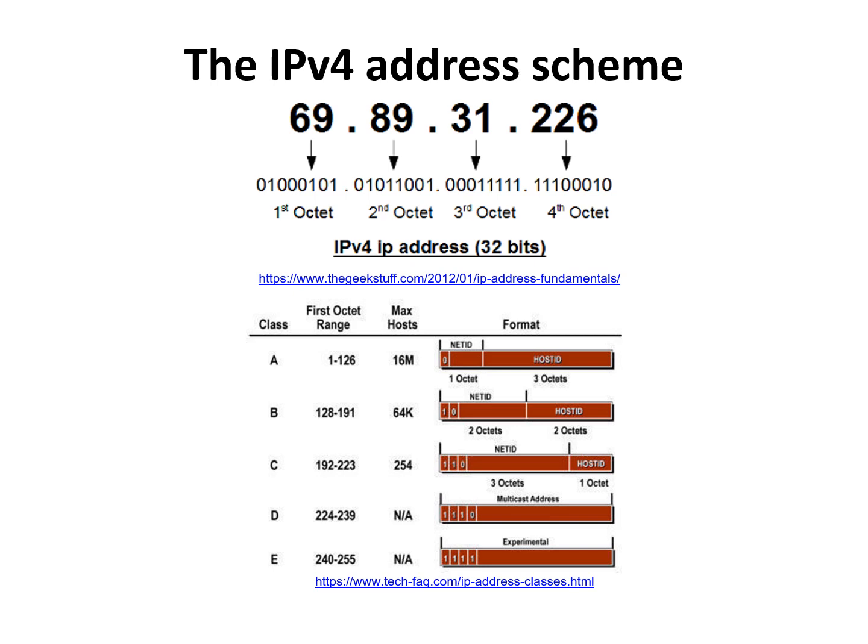For example, a Class A block will allow for 16 million addresses, which means this class is not going to be assigned to too many organizations. A Class B network will provide 64,000 addresses, and a Class C network will provide 254 hosts.